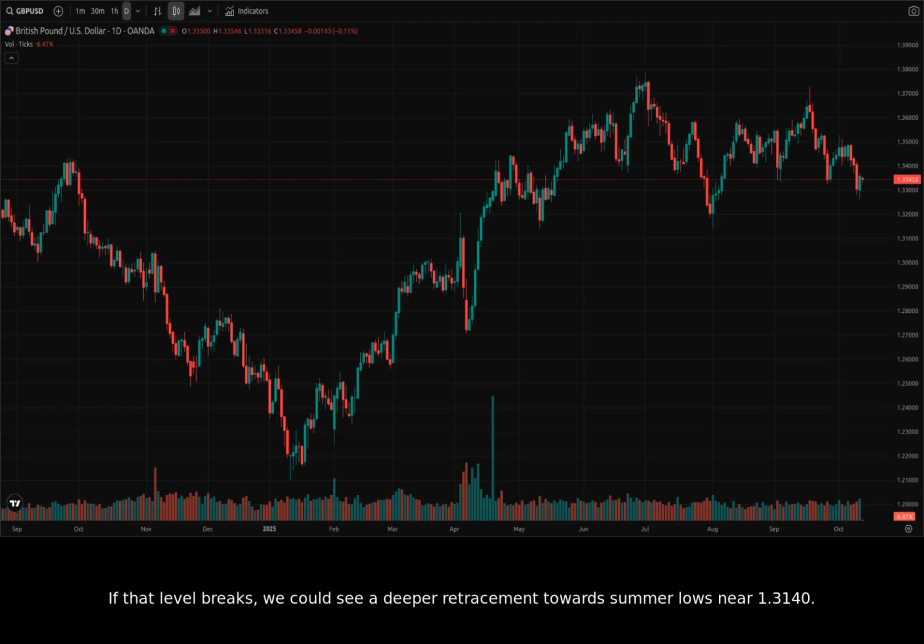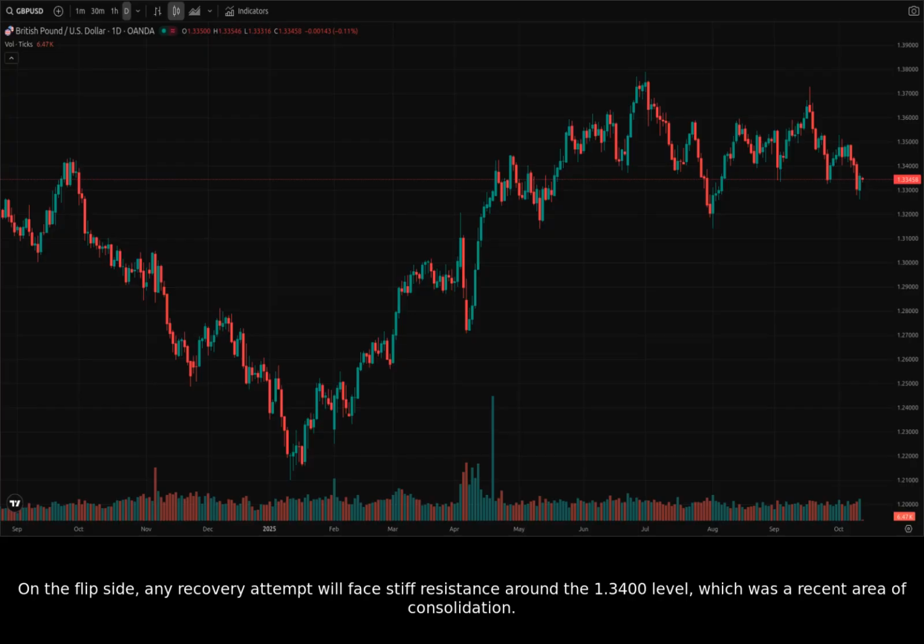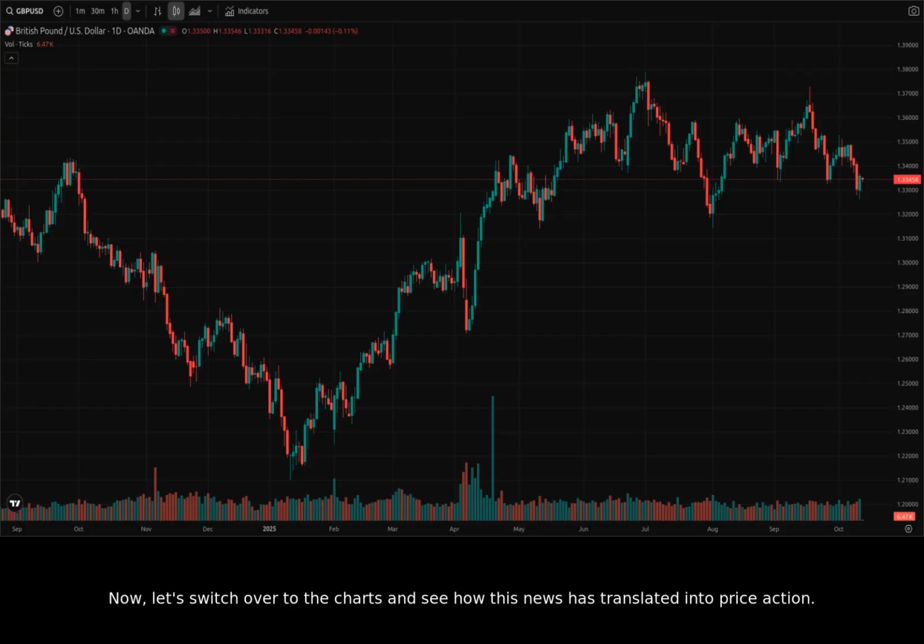If that level breaks, we could see a deeper retracement towards summer lows near 1.3140. On the flip side, any recovery attempt will face stiff resistance around the 1.3400 level, which was a recent area of consolidation. Now, let's switch over to the charts and see how this news has translated into price action.